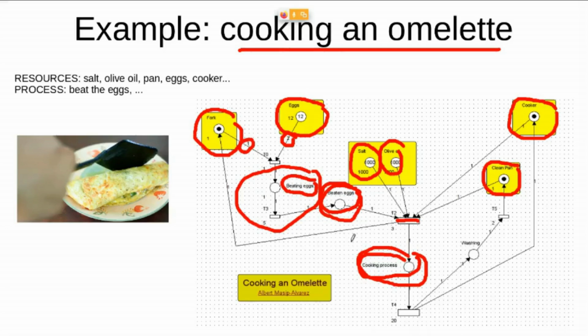Maybe I beat the eggs so slowly. So depending on the human behavior, we have different times to get the eggs to the beaten state. So depending on the human behavior, you will have different probability density functions in your process.